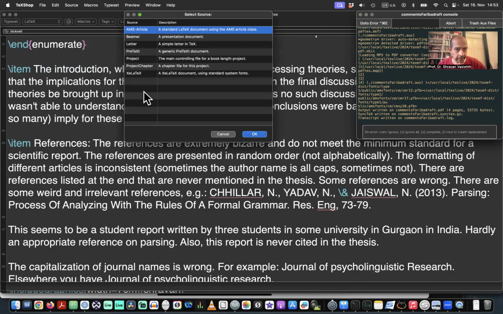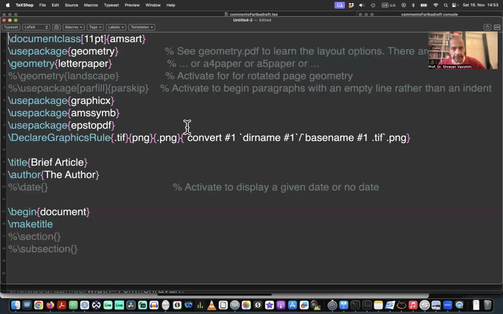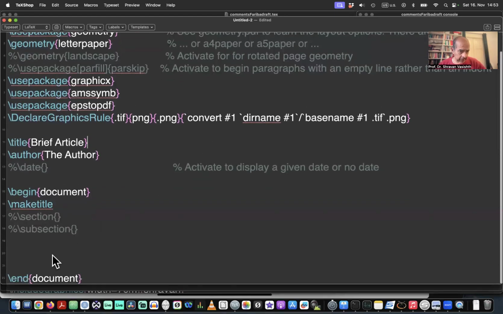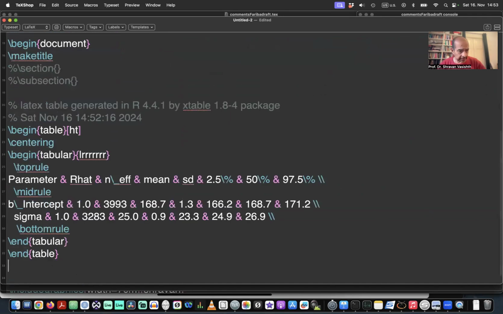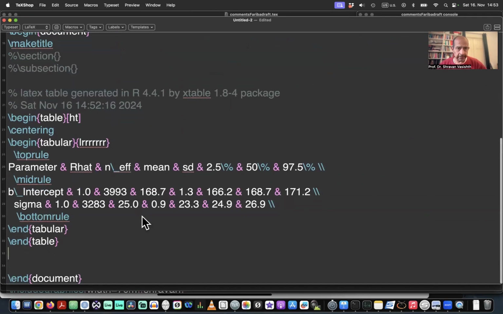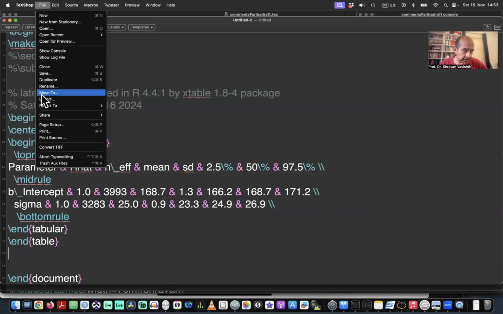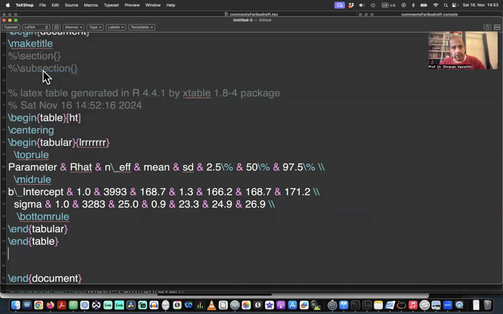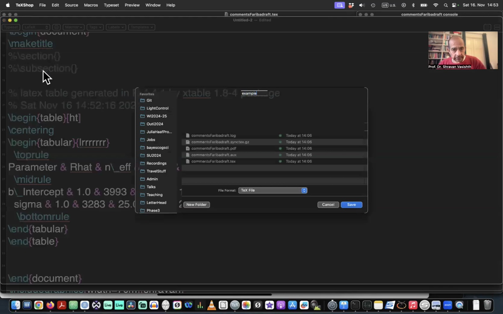Here we go, right? So let's say I'm writing a paper and I want to put in the results of an analysis. I could just plug it in here and save this as, just call it untitled for now. Let's call it an example, I guess, right?